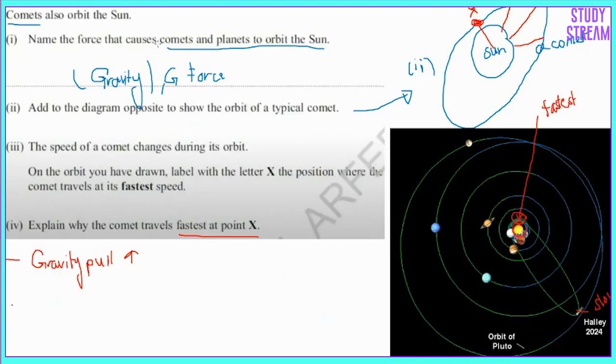Another word we have to talk about is probably conservation of energy. If we have to mention that point, how would we word it in a sentence? You say the kinetic energy, which is the velocity basically. The kinetic energy is changing, and since the mass of the comet doesn't change, the velocity is changing, right?